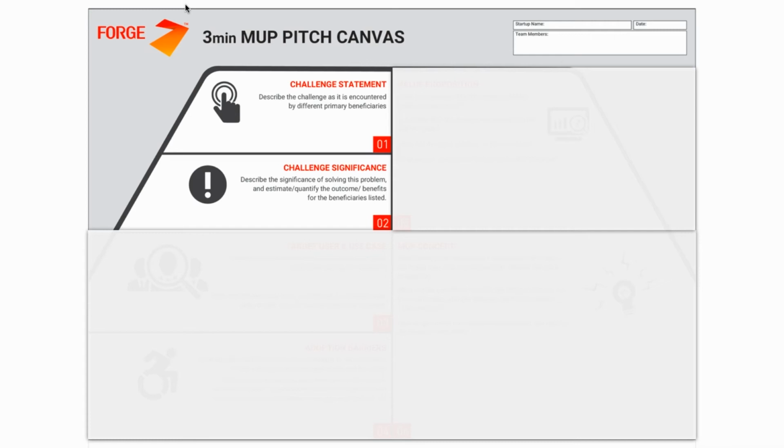When I say significance, it doesn't just mean how severely the problem impacts or affects the beneficiary. It is a great indicator, and it is very critical data which will justify the need.